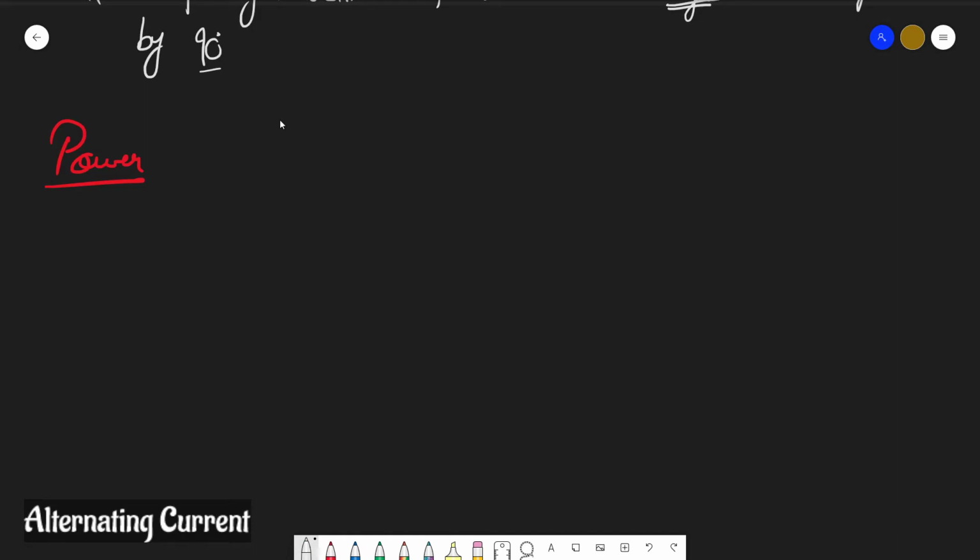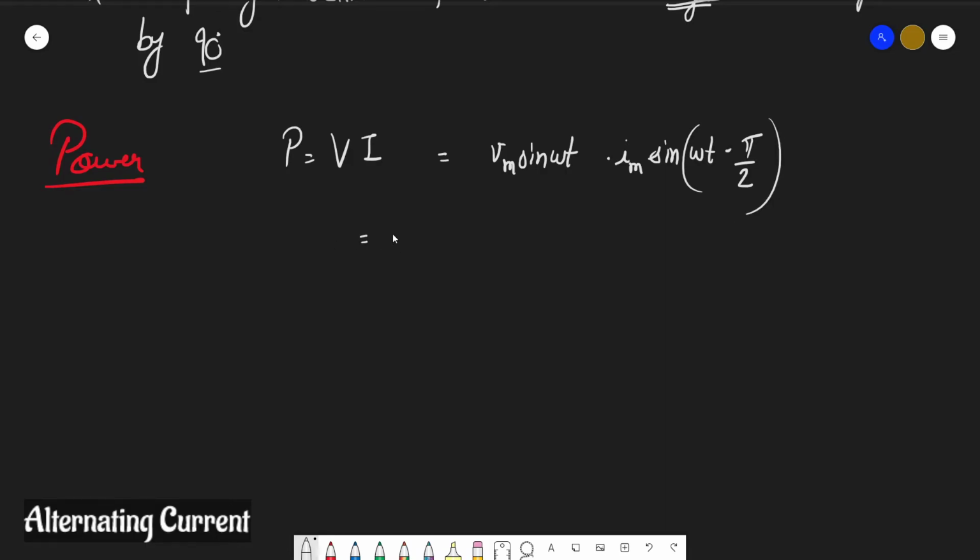So the expression for power we will write. The generalized form is P equal to vi, that is Vm sine omega t into Im sine omega t minus pi by 2. Again, I can write this as Vm Im sine omega t, and this can be written as minus cos of omega t.